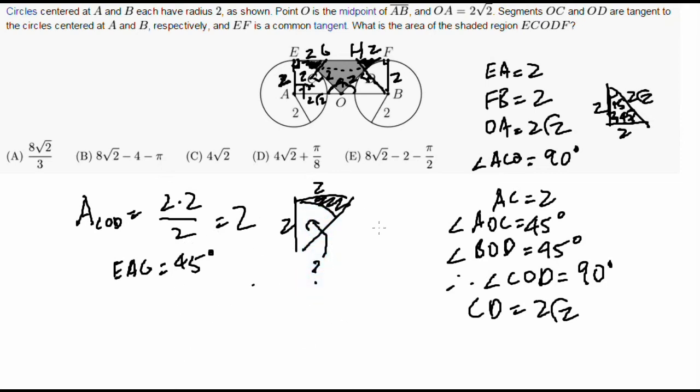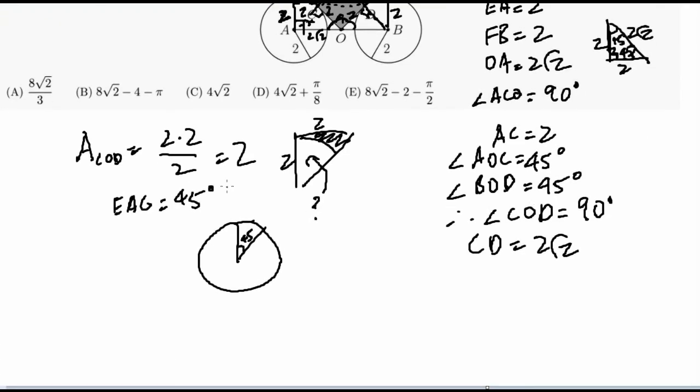Okay, well, let's think about that for a second. If EAG is, well, that's also EAC, if EAC is 45 degrees, then since 45 degrees is 1/8 of 360 degrees, this sector of the circle should be 1/8 of the entire circle. And what is the entire circle?